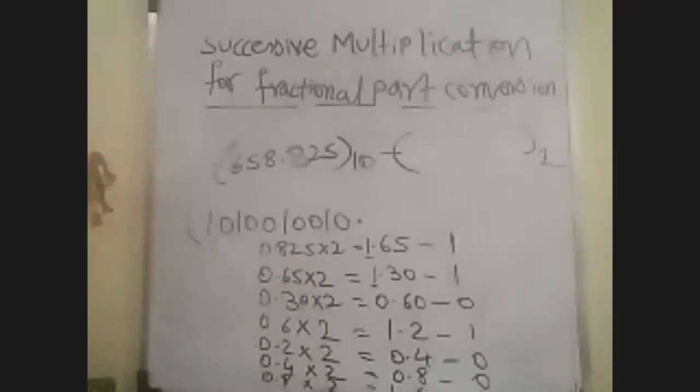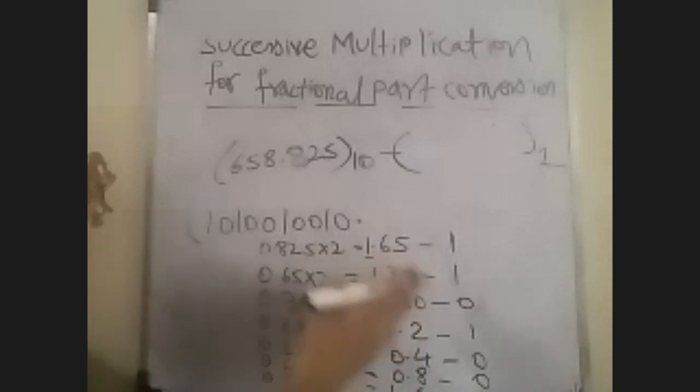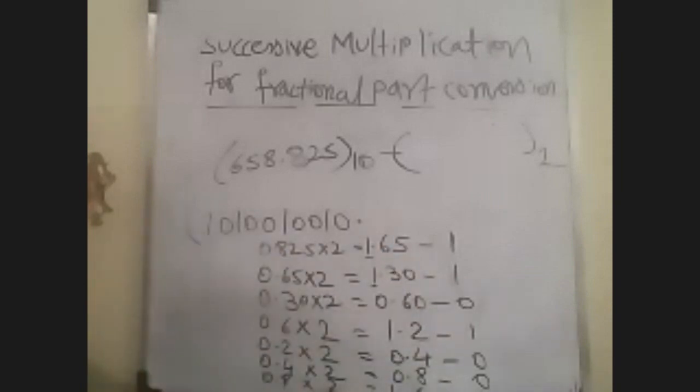that in the fractional part there is no 0, right? So if you keep multiplying, the values keep going, but in the fractional part we are not getting 0. So we can take some 6, 7 values and stop it. Otherwise, one more option is there.